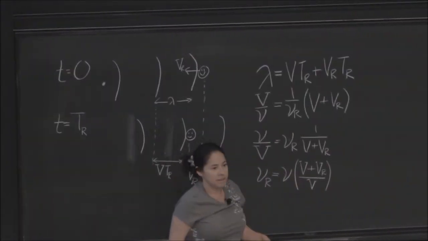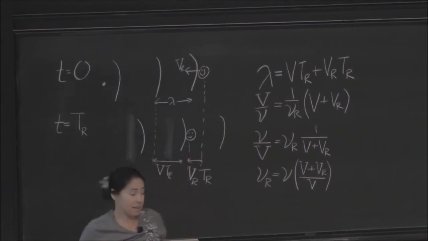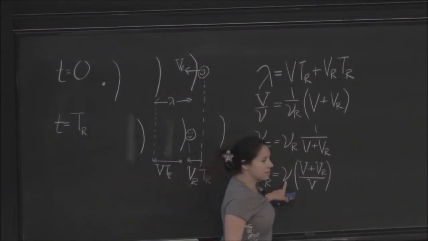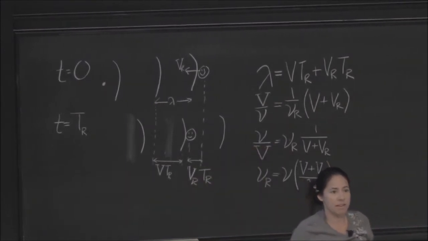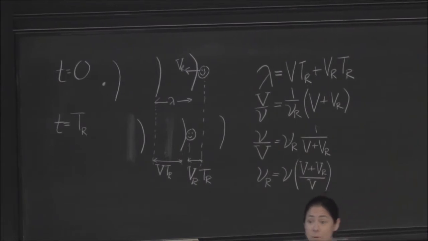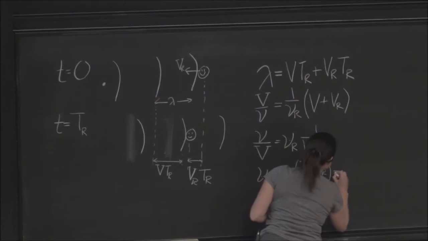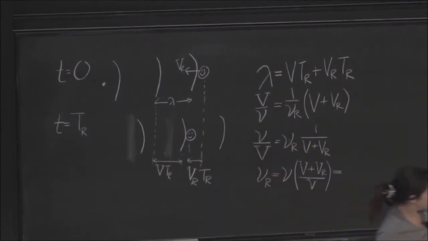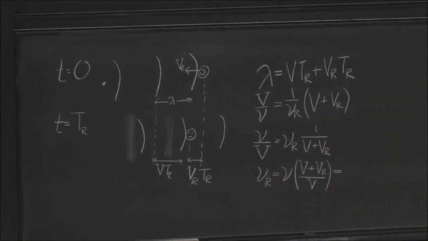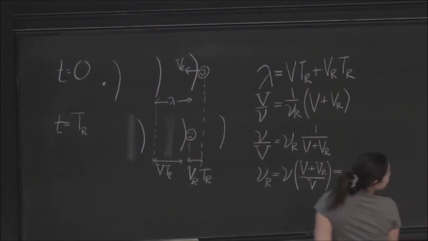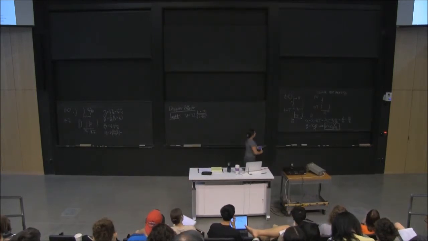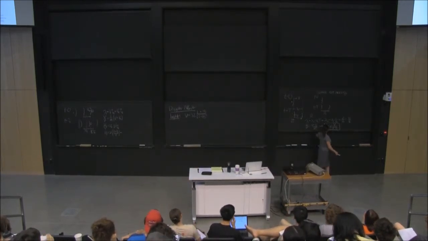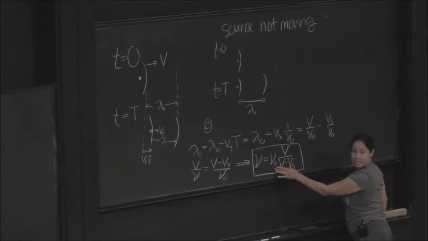So if the source is at rest, then the frequency that the source is emitting is just nu naught. There's nothing shifted about it. But if the source is moving, what is this frequency going to be? It looks like if the source is moving, we've just figured out the frequency that all stationary observers are going to hear is this.